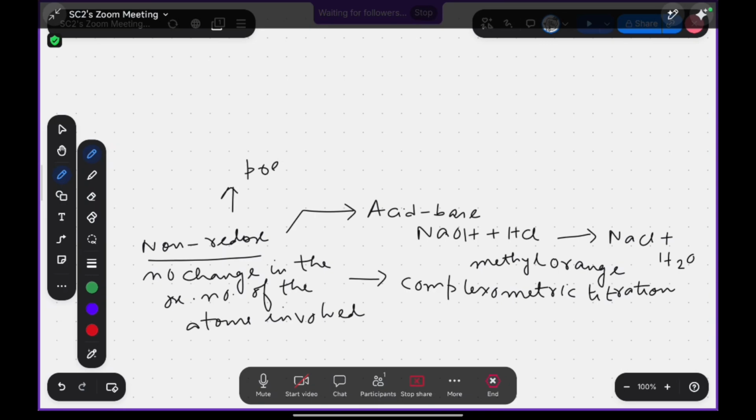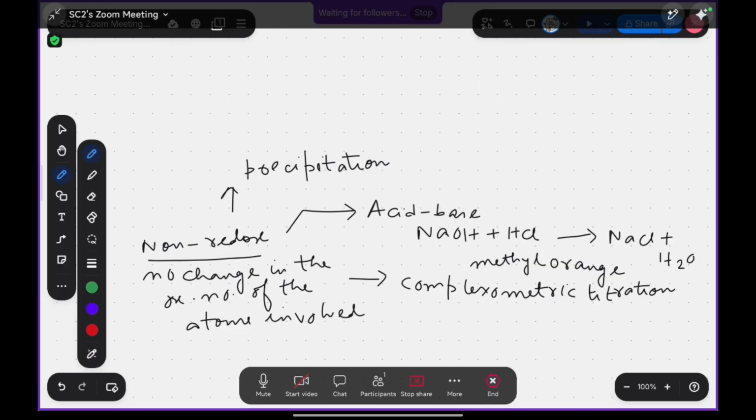Obviously, precipitation reactions are double displacement reactions, right? I have already taught you, you can consult my previous class where I explained why double displacement reactions are not redox in nature. No double displacement reactions are redox.